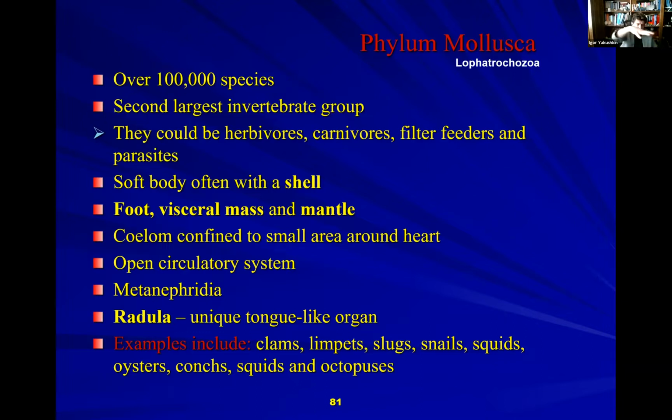When the snail or slug is sliding or slithering over a surface, that's the foot. And then there is a kind of skin covering the internal organs, all of the internal organs known as the visceral mass. And the visceral mass is covered by the structure known as the mantle, all right?